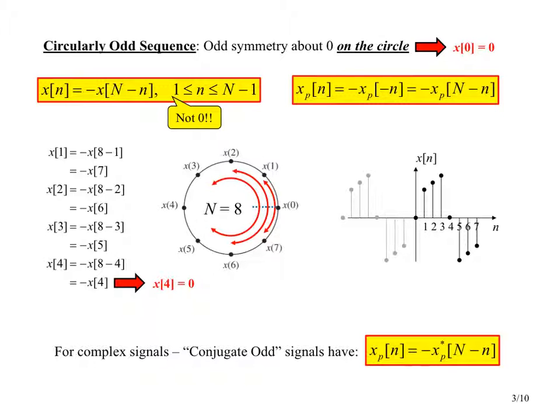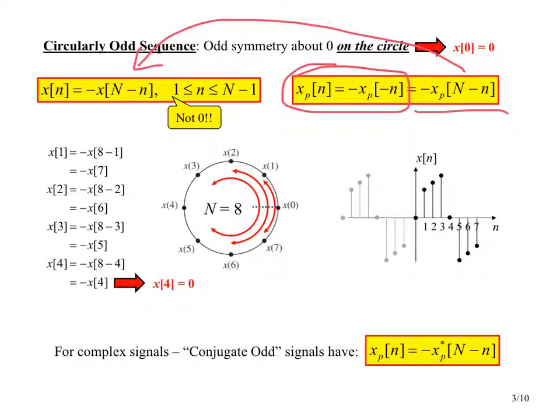All the same kinds of ideas apply: we get there by doing the periodic extension and defining odd symmetry in the standard way. That then illuminates how to think about it in the context of N minus little n, and that carries over into this view.